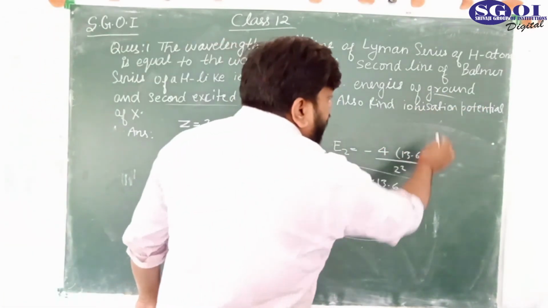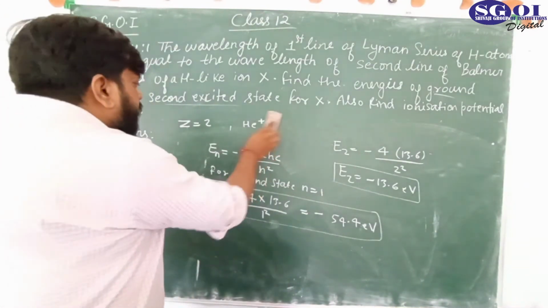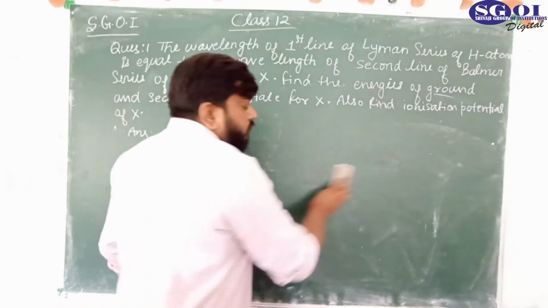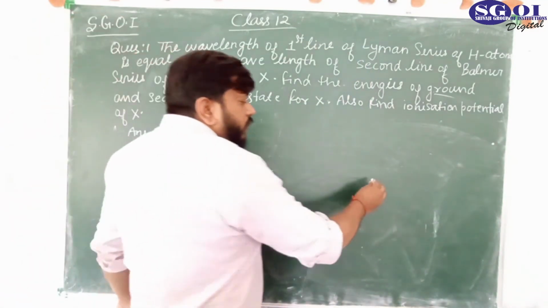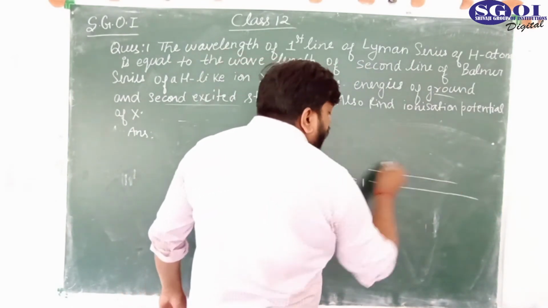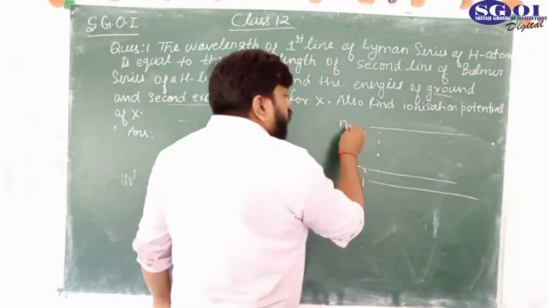Now we have to find the ionization potential of x. So how would we find the ionization potential? We know that this is n equal to 1, n equal to 2, and so on, and this is n equal to infinite.